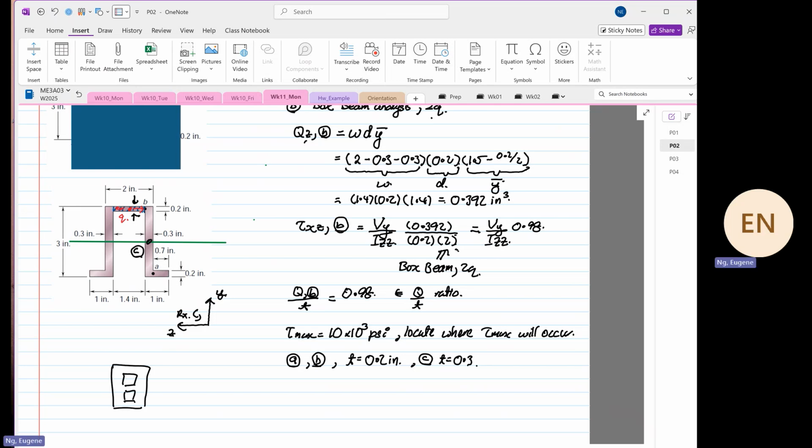So we first have to locate where tau max is. We have found B.